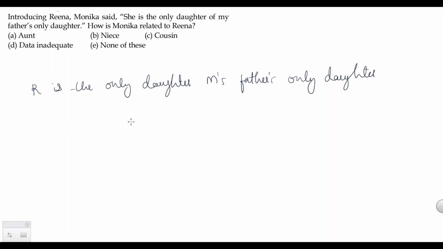Okay. Now, Reena is the only daughter of Monica's father's only daughter.